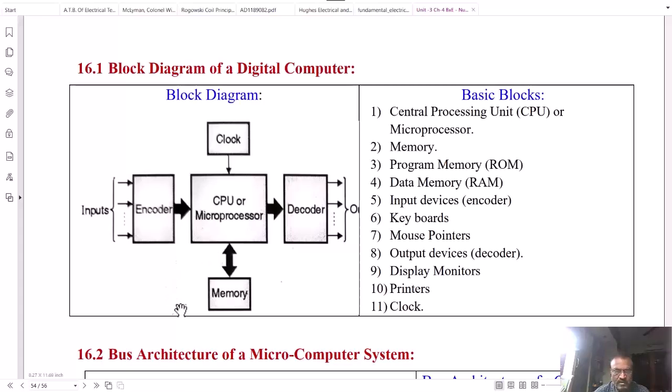So one block that is essential with a digital computer is a memory device. The memory device is classified under two broad categories. Those are called read-only memories and read-write memories.